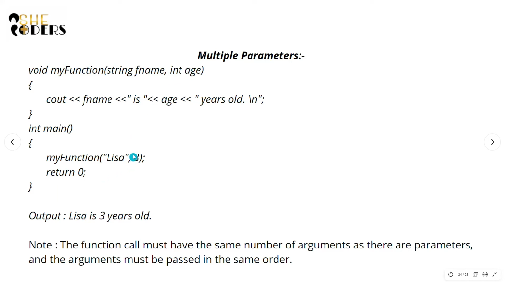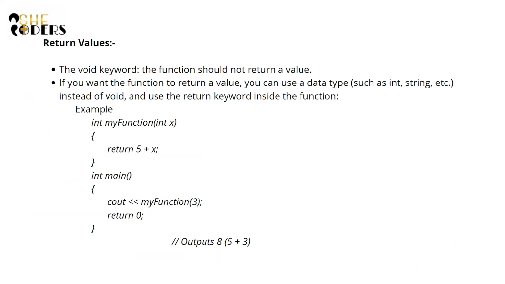So 3 cannot get assigned to the string, and Lisa within the double quotes is a string. We cannot assign an integer value to a string, so it will raise an error. So the number of arguments you are passing and the number of parameters must be equal, and the order in which you pass the arguments should match the data type of the respective parameters.